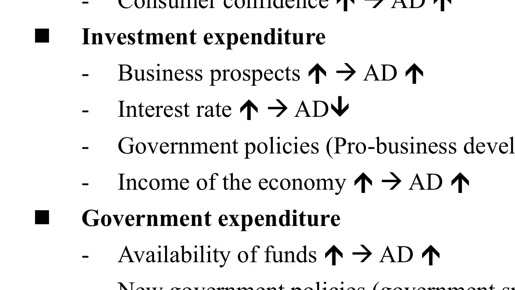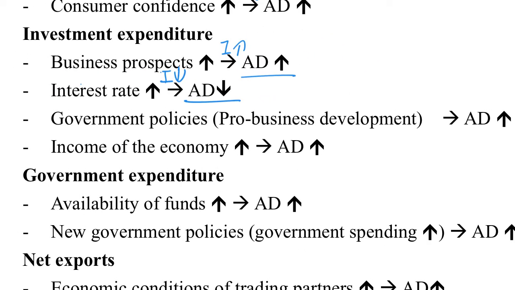First of all, in the aspect of investment, think about it. Business prospects increase. That means it's better in the future, so they have a better forecast, so they will try to invest more.